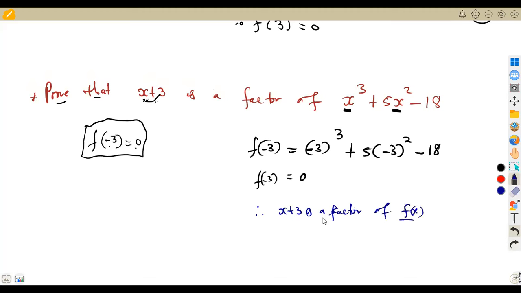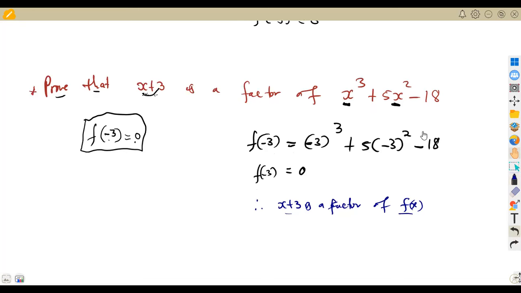So this is the major part that we see from our factors. It might be given any type of expression.